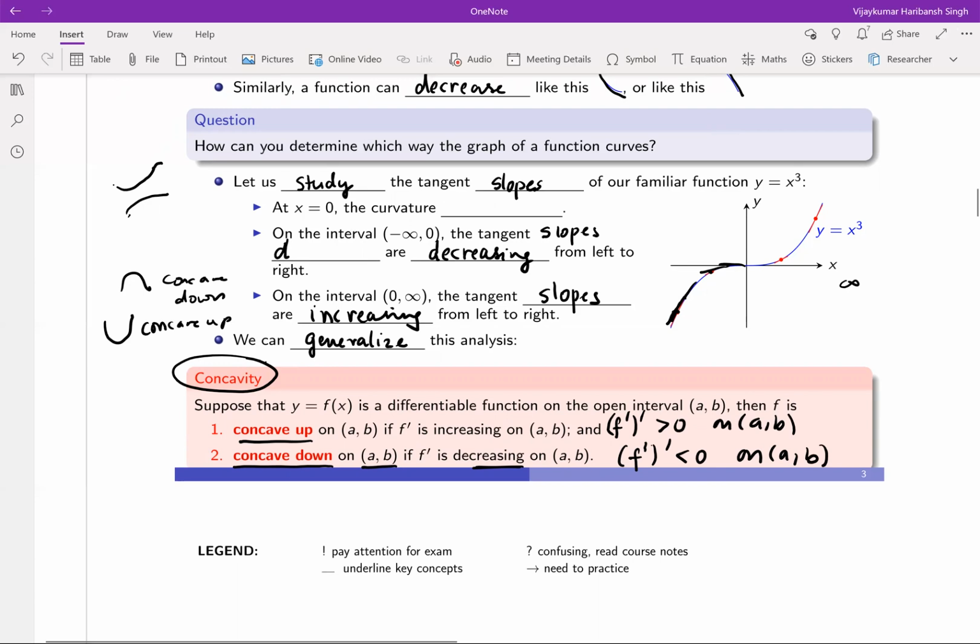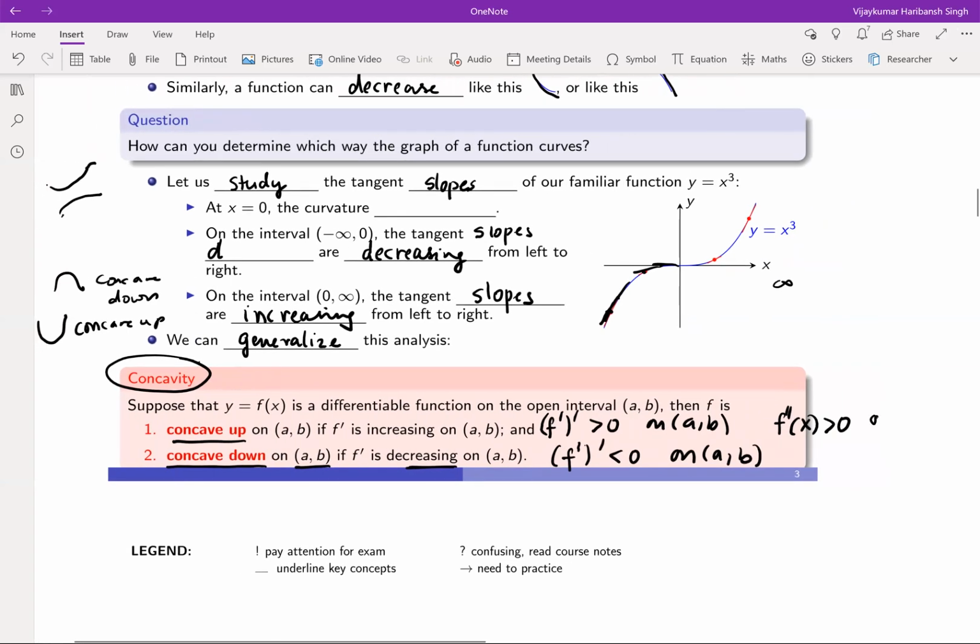What is f double prime? That is the second derivative. So if f double prime of x is greater than 0 on AB, then the function is concave up on AB. Similarly, if f double prime of x is less than 0 on AB, then the function is concave down. So this is the criterion, and this is how you can use the second derivative to find the intervals of concave up and concave down.